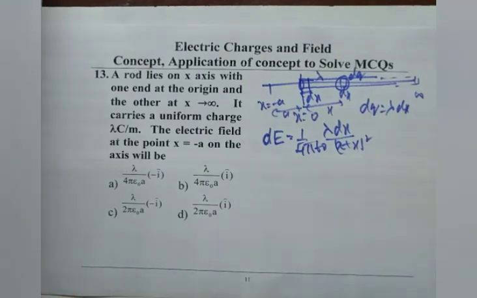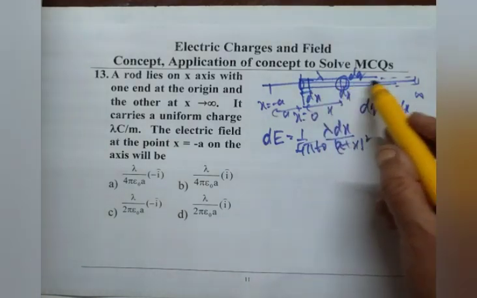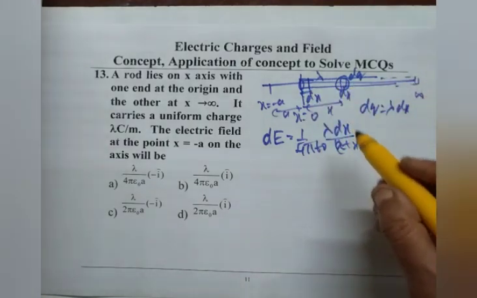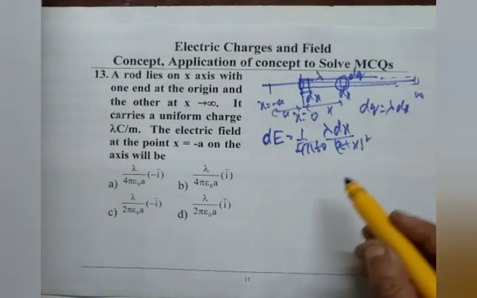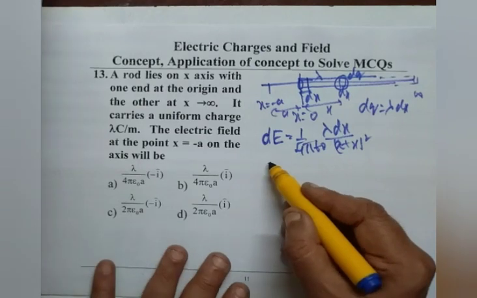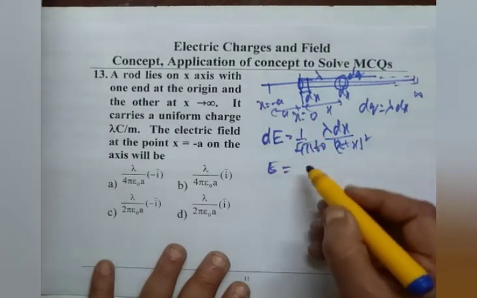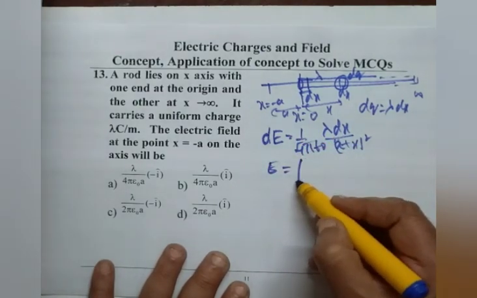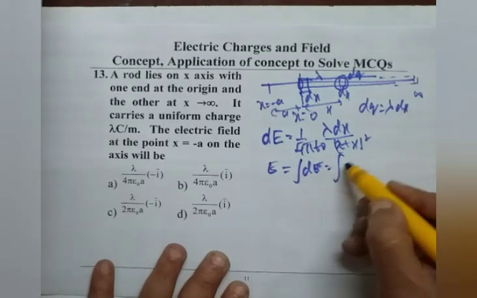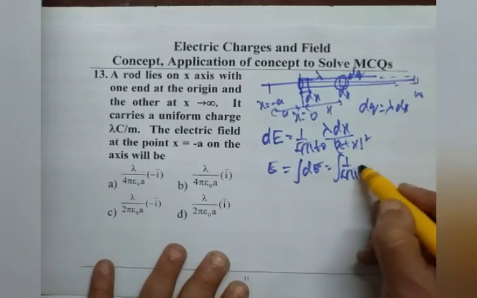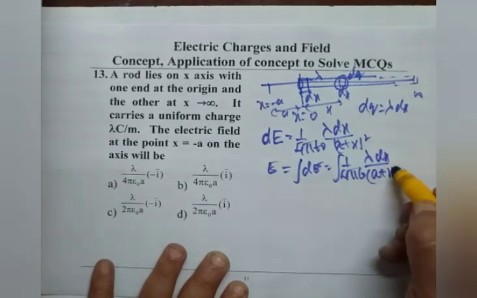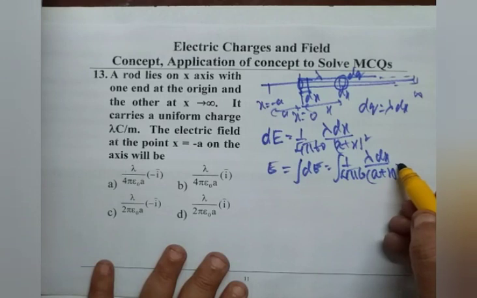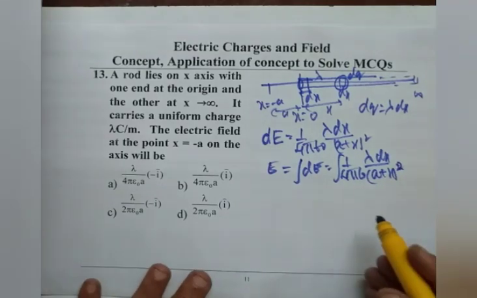So to get the electric field at A, we have to imagine the whole wire is made up of small such elements whose length is dx and charge is lambda dx. So to get the net electric field at A at x equals minus a, we have to integrate this. Integral of dE, so integral of 1 by 4 pi epsilon naught lambda dx by a plus x the whole square. As a is constant there, we need not bother about them.